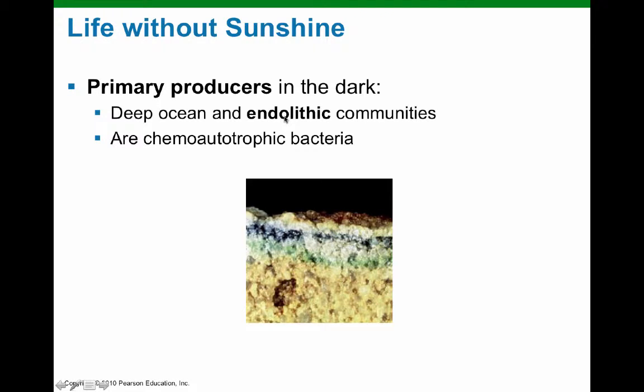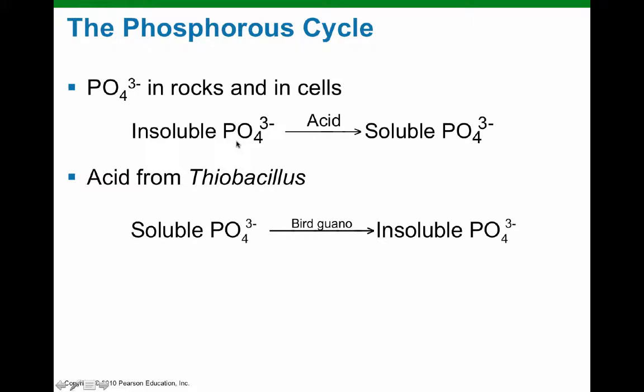There's some scientific basis for this, but the idea here is that there are bacterial populations that can survive living within rock, and they are chemoautotrophic bacteria. They can actually take insoluble phosphate and convert it to soluble forms. Even Thiobacillus, which is found in bird guano or bird poop, can take the soluble form and convert it to insoluble.